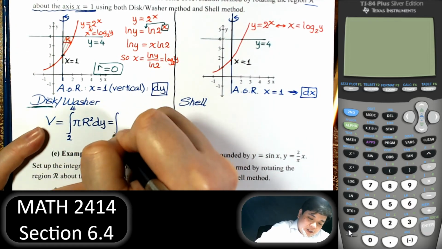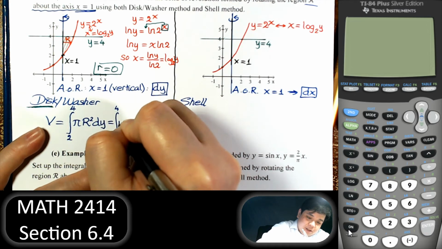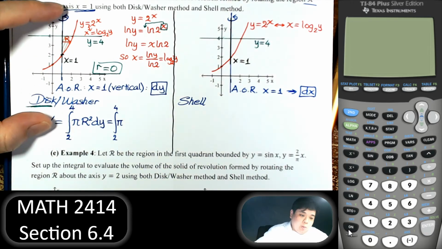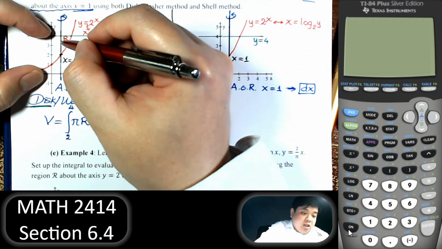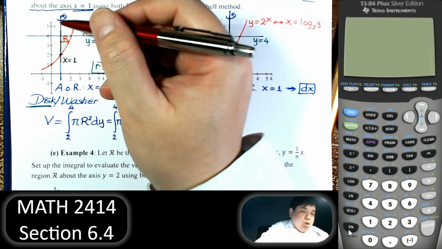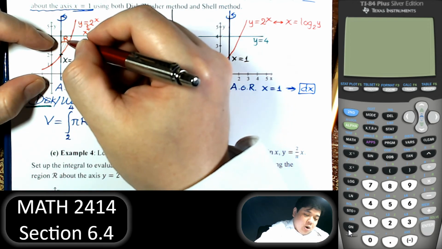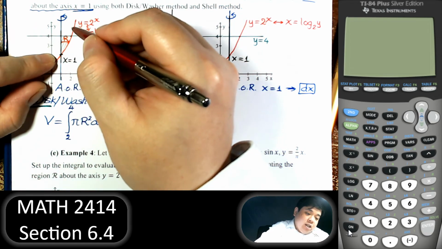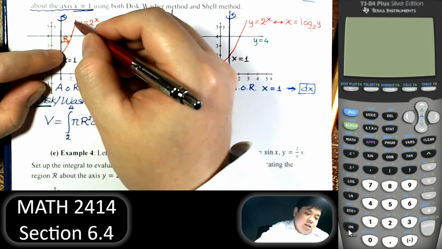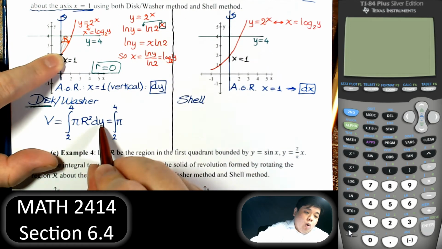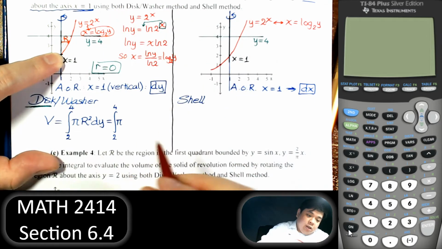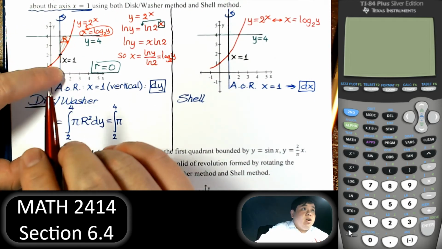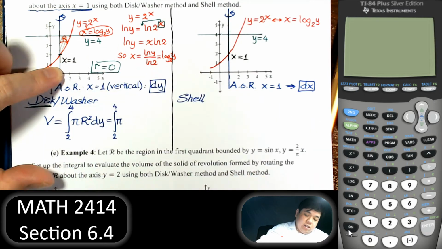Right. Now what is the big radius? From the axis of rotation to the outer edge. The function on the right is this, but it has to be in terms of y, so we're going to use this one. Function on the right minus the function on the left, which is 1.